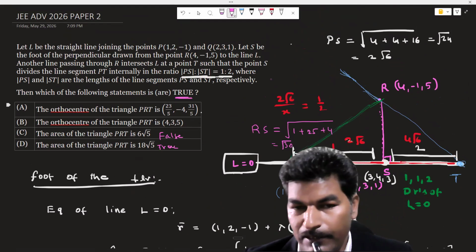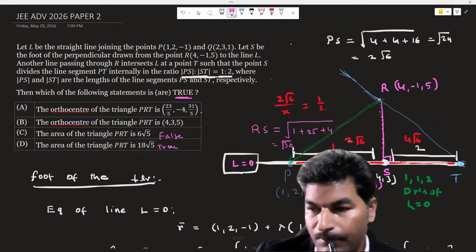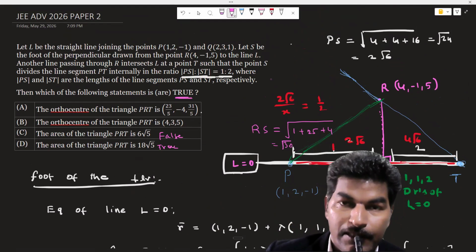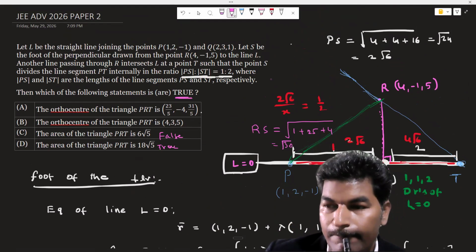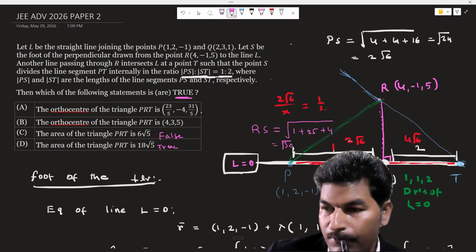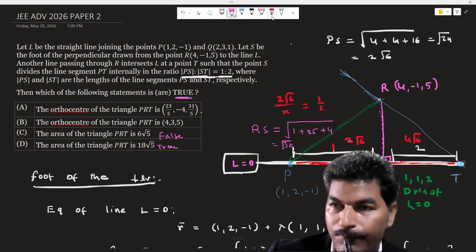Now we can reach the orthocenter. The definition of orthocenter is the point of intersection of altitudes, right? We already know one altitude, which is RS.